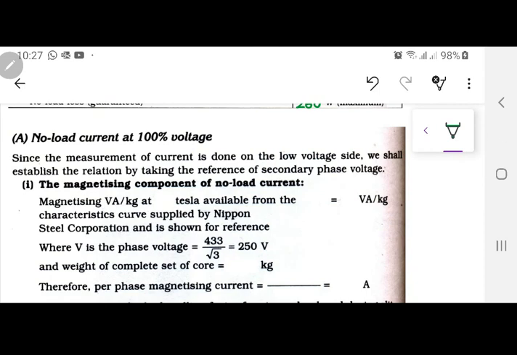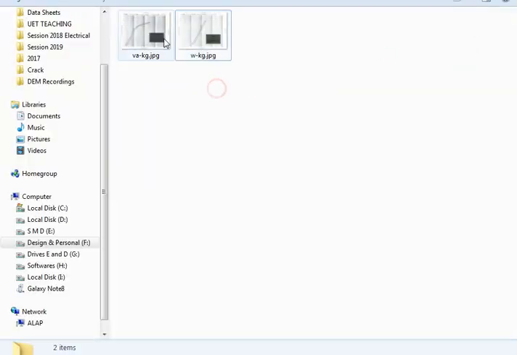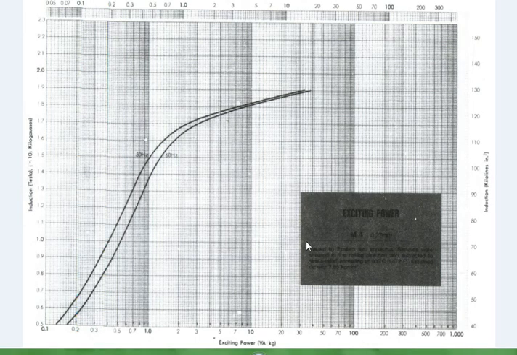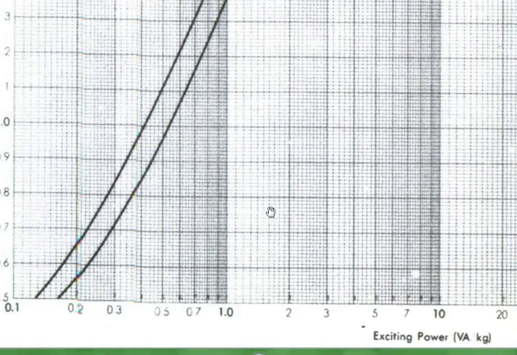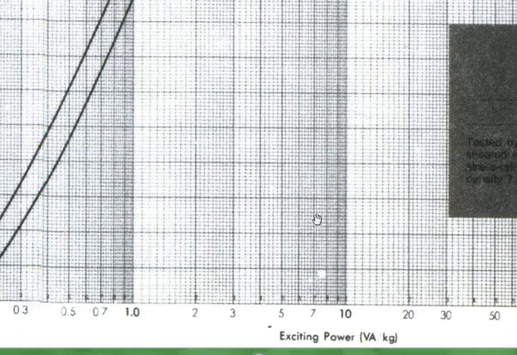If I go back to these charts, this chart is coming from the same source. You can see on the y-axis I have B, and on the x-axis I have VA per kilogram.